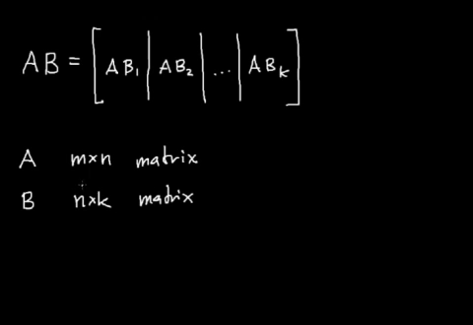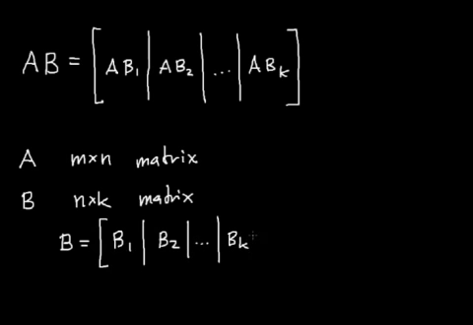Wonderful. Now, what about the B1 up to BK? Well, they are names of the columns of the matrix B. And we can write it like this. B consists of the column B1, column B2, and all the way up to column BK.